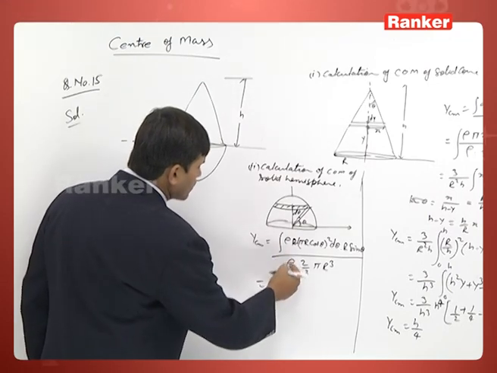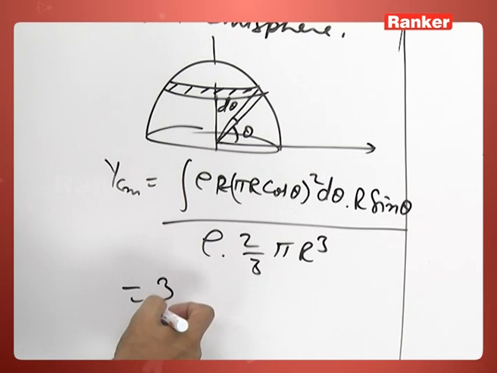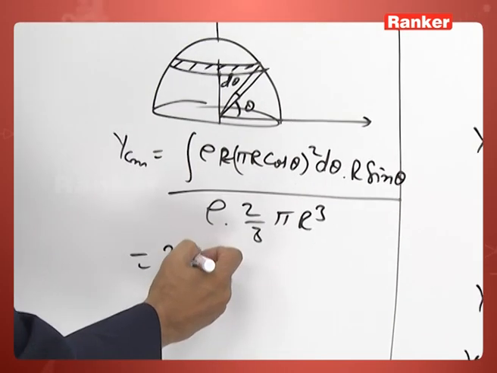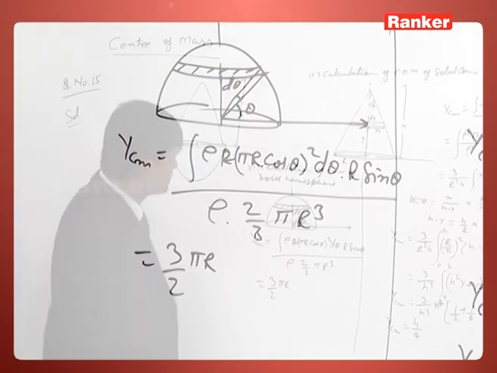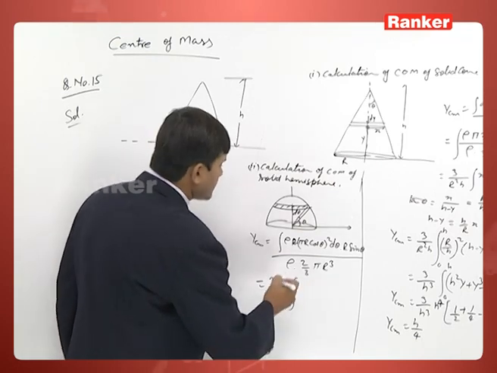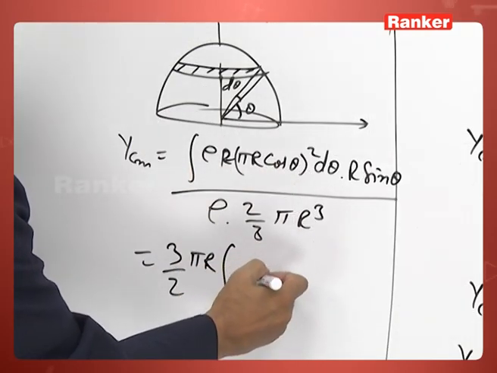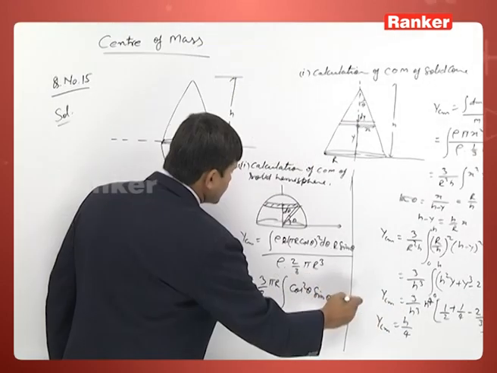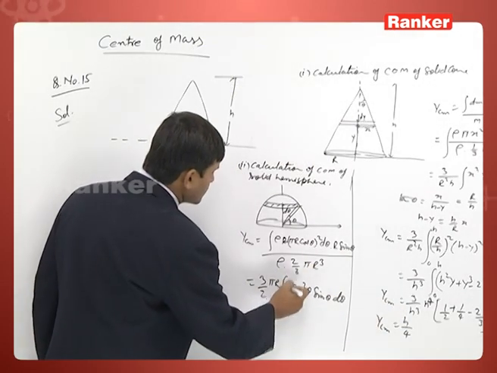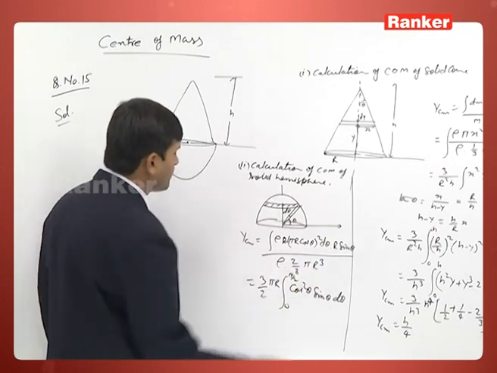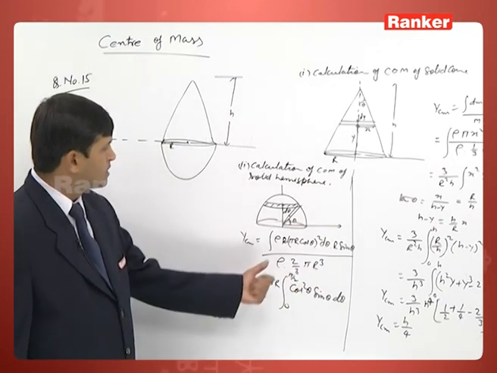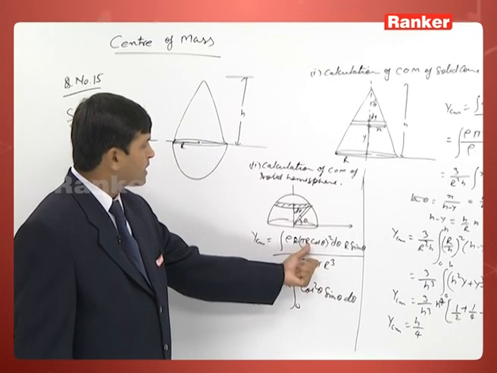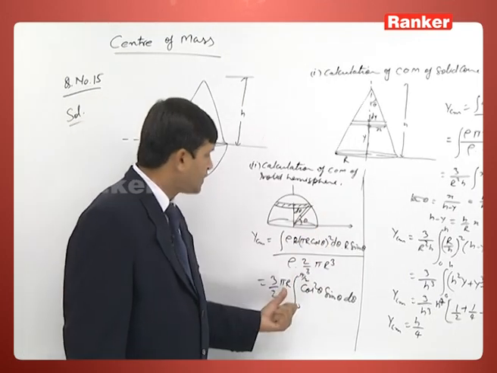So rho and rho cancel. 3 by 2 pi into r, then we can integrate cos square theta sin theta d theta, with limits of integration 0 to pi by 2. Pi square r to the power 4, pi r will be there.